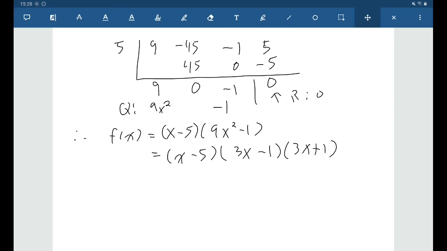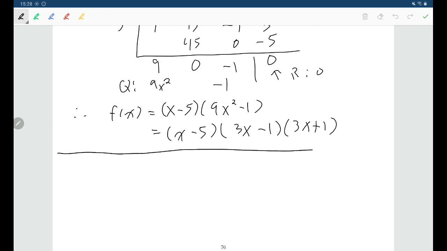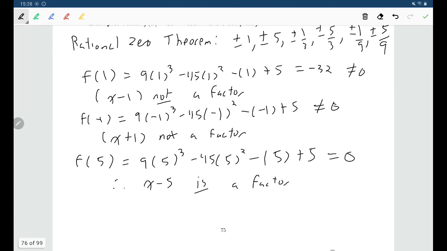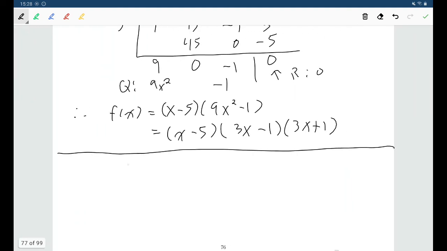I will also give one little side note here, which is you don't always even need to use the rational zero theorem if you happen to notice your polynomial is factorable in another way. If you were to take a look at f of x and think about it just a little bit longer, you might have noticed that f of x actually could have been factored by grouping.